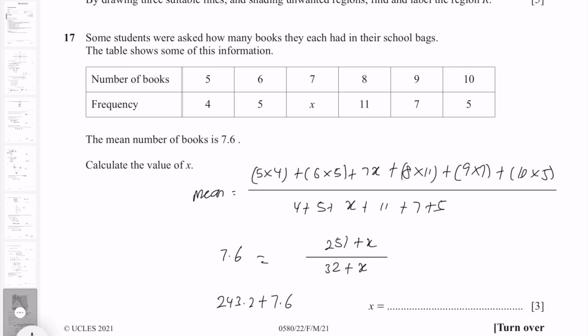Plus 7.6x equals 251 plus x. 251 minus answer, 7.8, equals 6.6x. So divided by 6.6, x is 1.18.